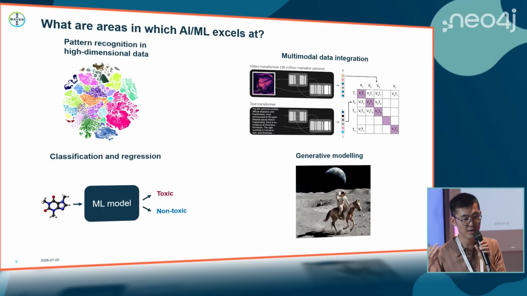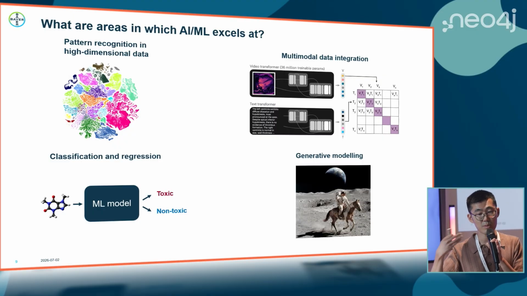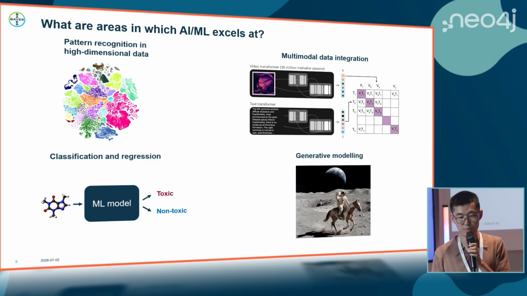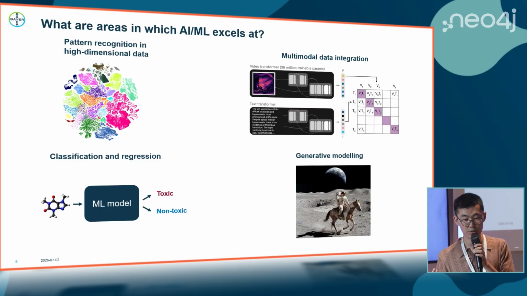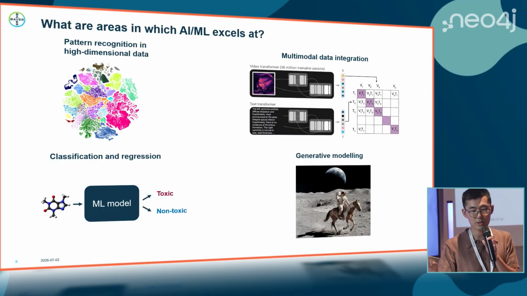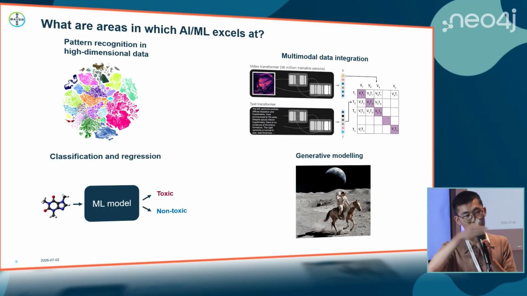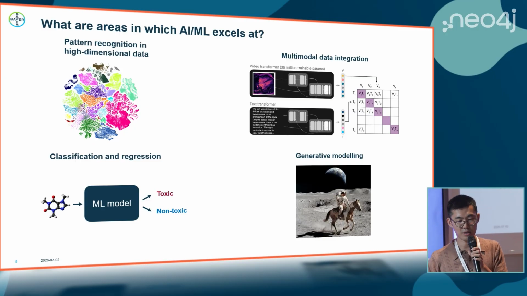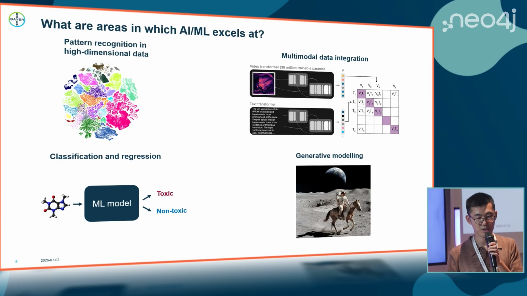You can also visualize it or summarize it in a much richer representation that is also accessible to humans. You can also integrate data, so this can be also achieved with knowledge graphs, but also when we think about different modalities such as text, images, NGS data, and so on, you can also integrate it using machine learning.